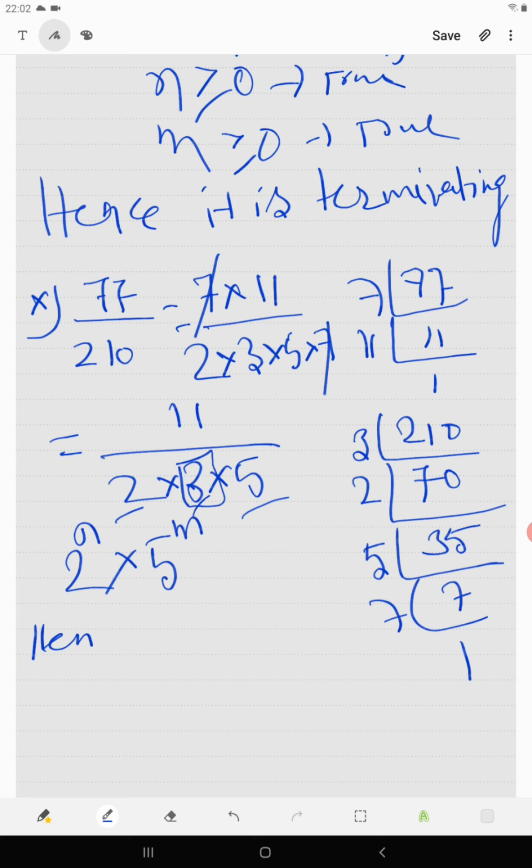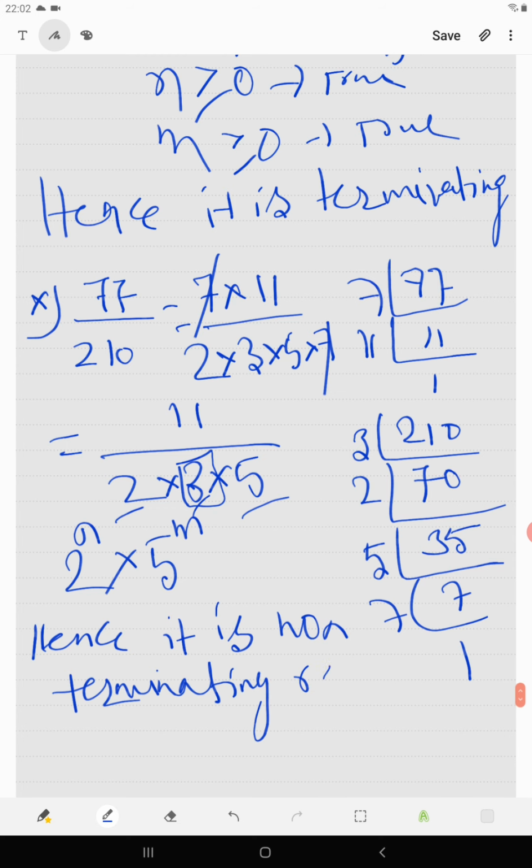Hence it is non-terminating repeating. Very simple. If it is of the form 2 to the power n into 5 to the power m, then it's terminating. If it is not of that form, if any other factors are also there, then it will be non-terminating repeating.